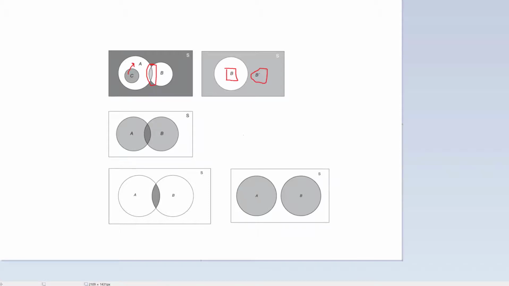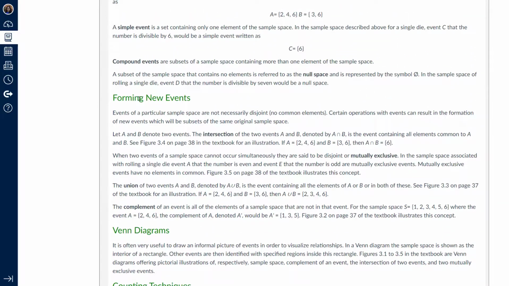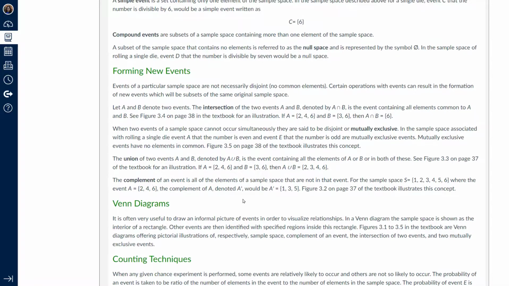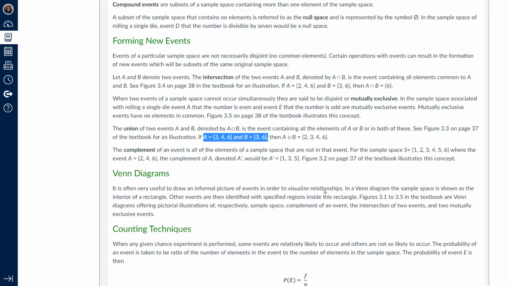Okay, so let's go back. That's what we actually talked about. We can have different types of events based on what is included in the sample space and what we have in those events. Then, if I ask what would be the complement of event A, the intersection between two events, or the union of those two events, you can draw a Venn diagram and easily find them.